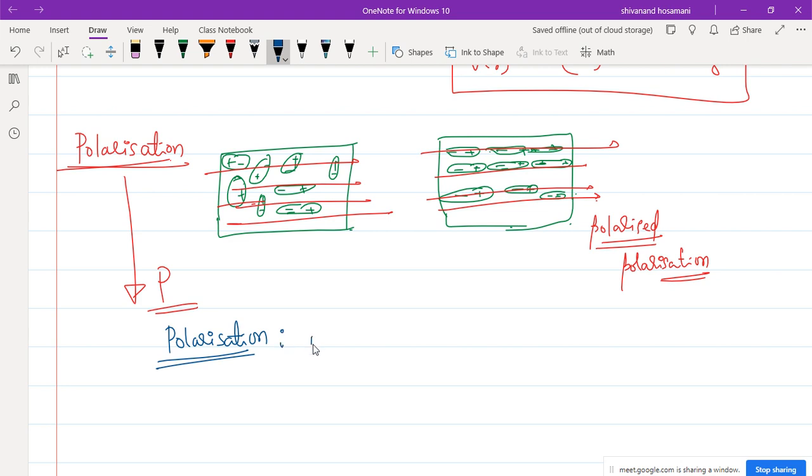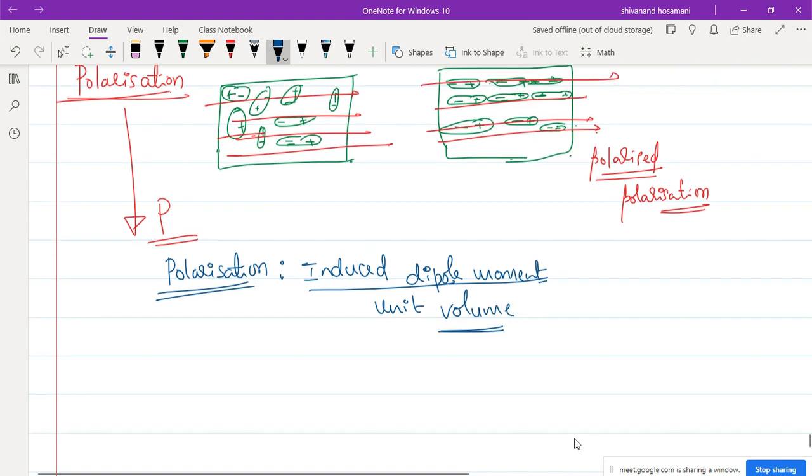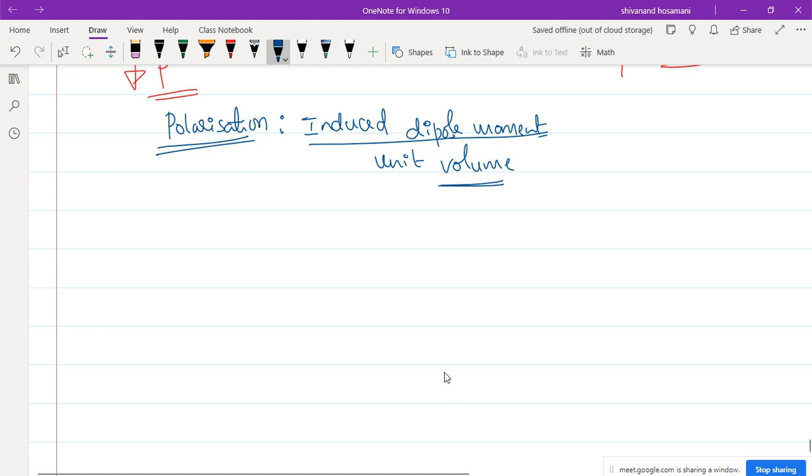Is that clear? Therefore, polarization P vector is a vector quantity, and we define it as P equal to the small p divided by V. So this is what exactly polarization means.